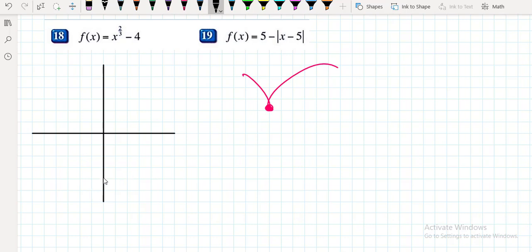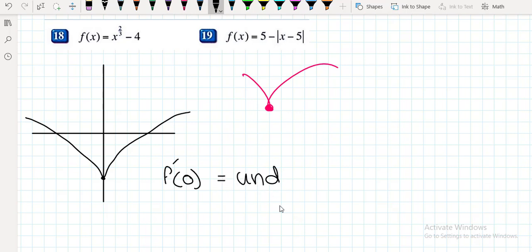The point is here at -4, and the graph goes like this. There is a sharp corner, so if the multiple choice asked for f prime 0, you are going to say it is undefined because there is a sharp corner at x equal to 0.